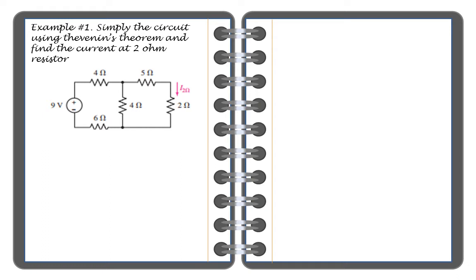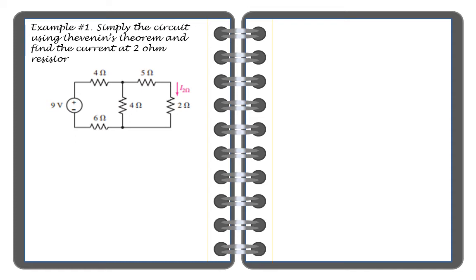So step 1, remember that we're going to divide the circuit into two groups, the complex network and the load itself. The problem states that we're going to find the current at the 2 ohm resistor. So therefore, our load is the 2 ohm resistor.